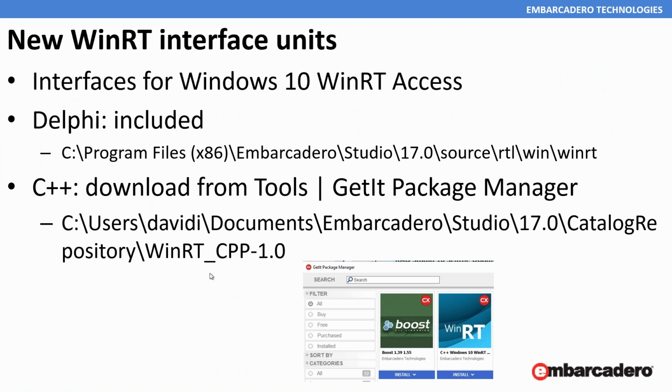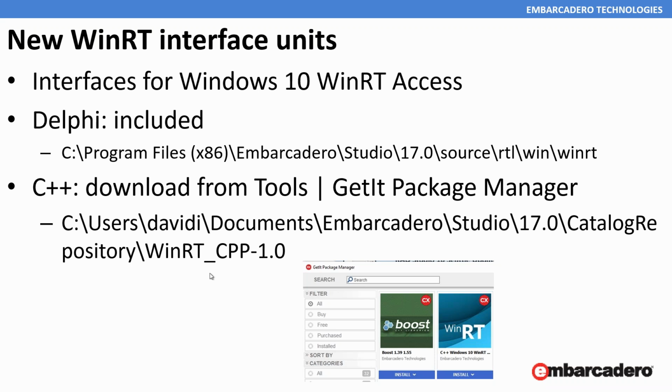The history of some of these WinRT units is WinRT appeared in Windows 8, and so in the summertime for XE8, we did a Delphi version in the Get It package manager that you could grab. The Delphi version was updated and shipped with 10 Seattle. The C++ version is in the Get It package manager and the IDE, and you can go and select that and install it.